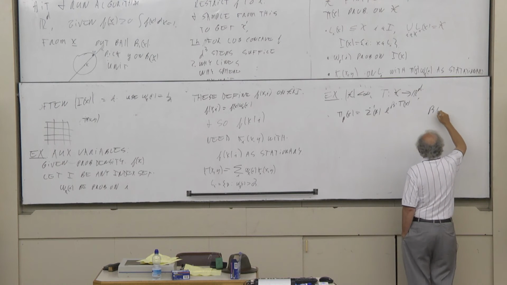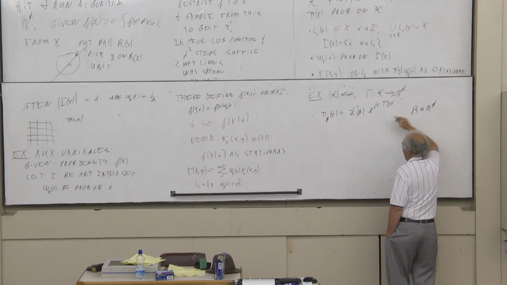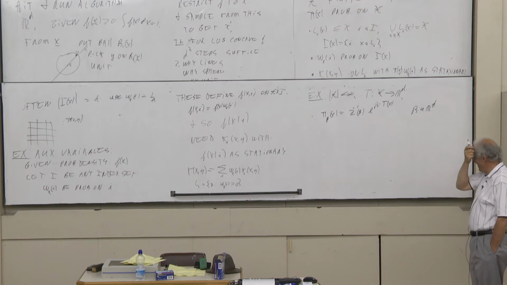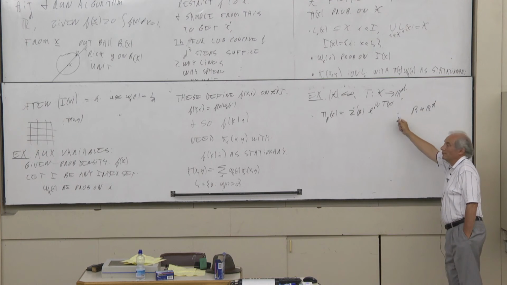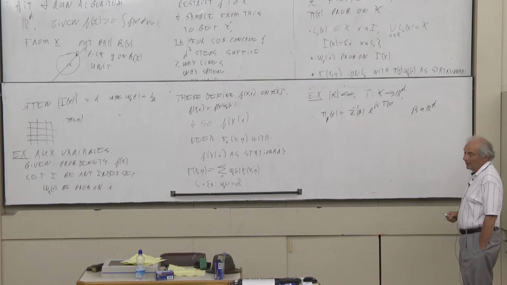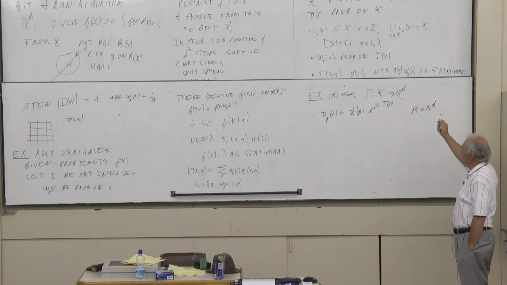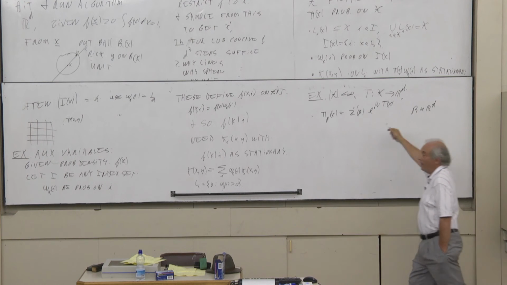Here, beta is contained in R^d. So for fixed beta, this defines a probability distribution on X. And many, many problems can be put in this guise. I will specialize in a second. And the problem is to sample from this pi.